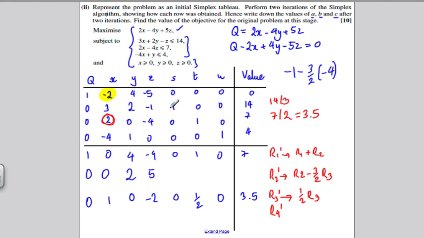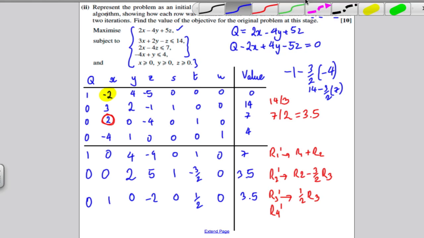Type that in your calculator. 1 minus 3 over 2 lots of that is 1. 0 minus 3 over 2 lots of that is minus 3 over 2. 0 minus 3 over 2 lots of 0 is 0. And 14 minus 3 over 2 lots of 7 would be 3.5. So again, you get 3.5 here.